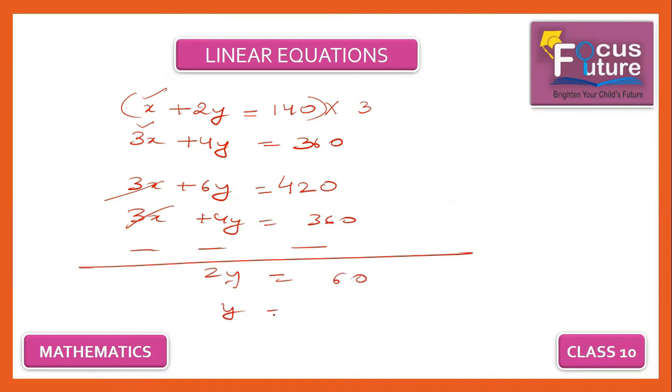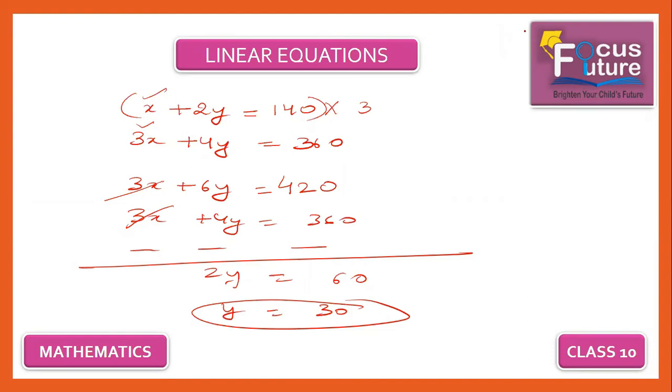So y would be how much? 30. So what would be your x? Now to get the value of x, you would put the value of y in the equation. So what would be the value of x?